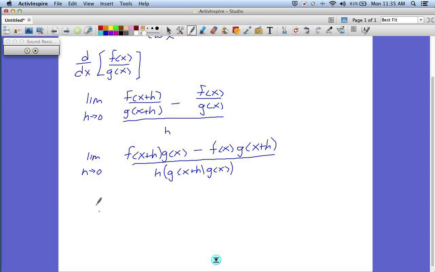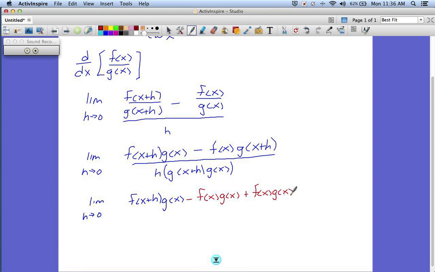Much like with the product rule, we're going to have to do a fancy form of 0, although this form is not nearly as fancy as with the product rule. So in the middle here, we are simply going to throw in an f of x times g of x plus f of x times g of x.